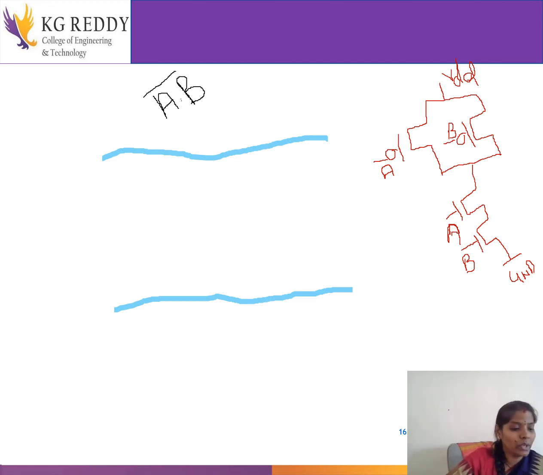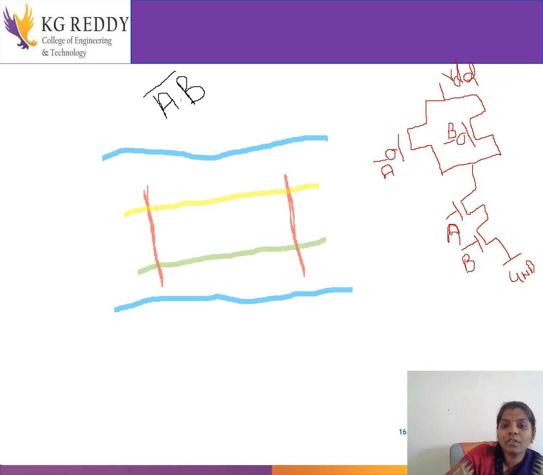First I'll draw the polysilicon for A and B. Then I take yellow for the P diffusions, and green for the N diffusion.